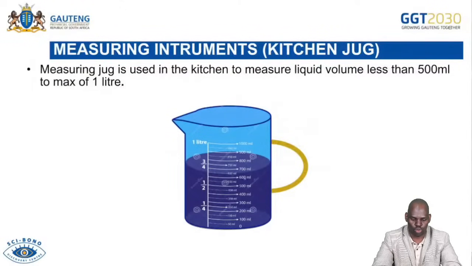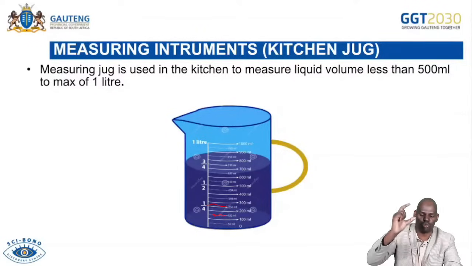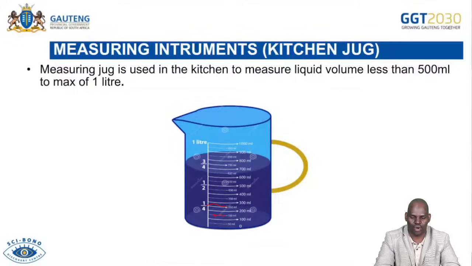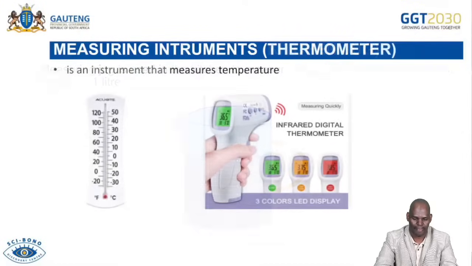If it's between, let's say, 100 and 200, and we've got two spaces there, it means each space is 50. So the first line will be 50, so this is 100, this is 150, and this is 200, this is 250. So it means you've got 50s between any two values. So you must be able to take the readings on a kitchen jug as well.